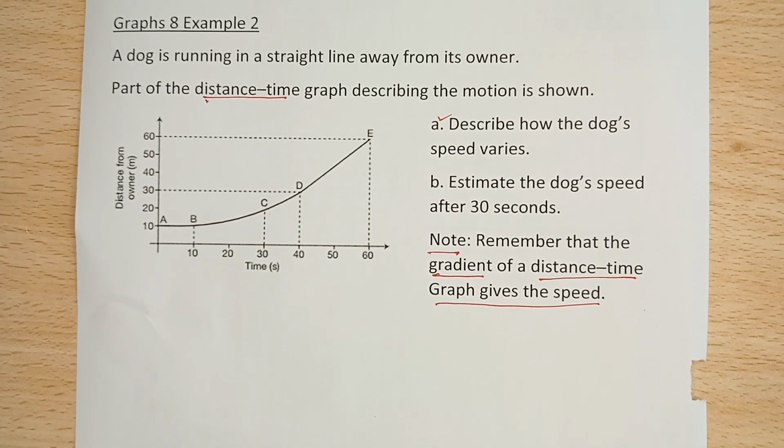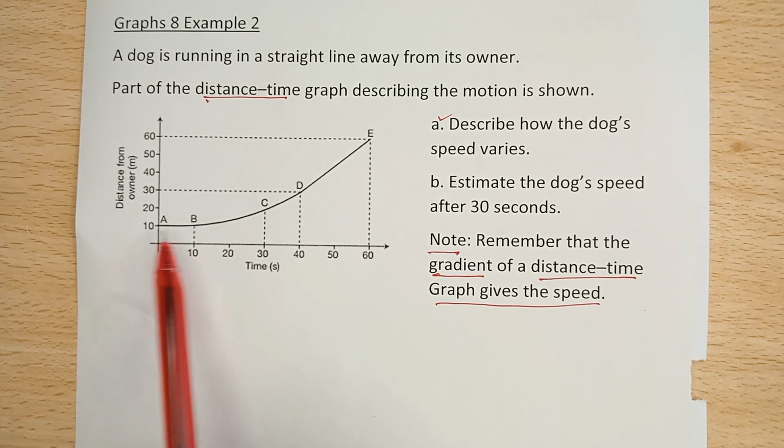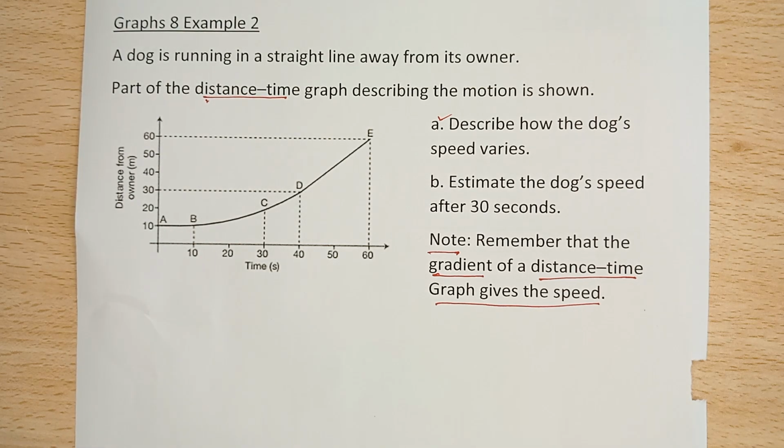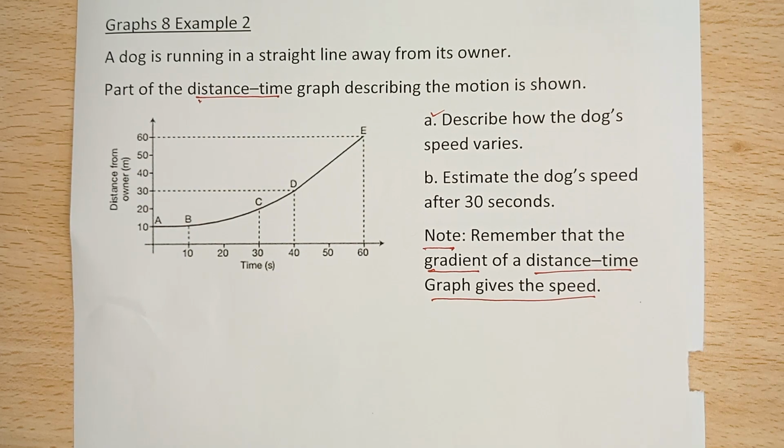From here, we can already see that from A to B, the line is straight. It has no gradient. That means there was no speed, and the dog was stationary at a point which is 10 meters away from the owner.